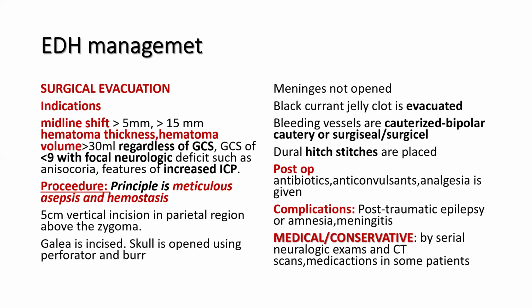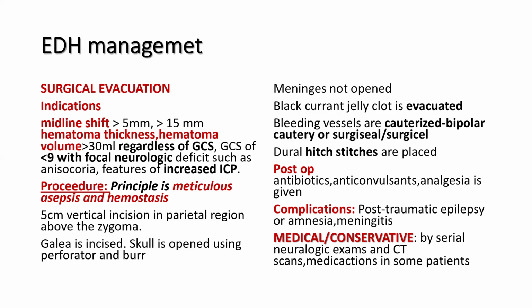So management: surgical evacuation is indicated, and it is indicated in which circumstances? If you have a midline shift of more than 5 millimeters, you have to measure these midline shifts on the CT scans that you have in the ward.